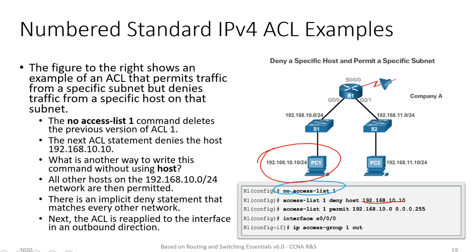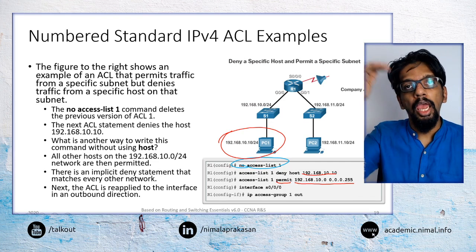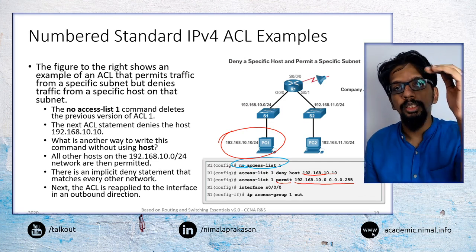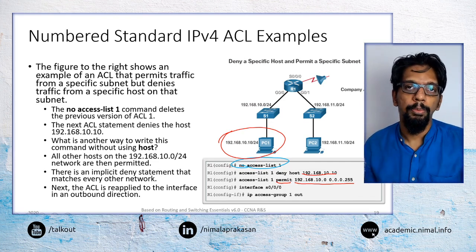Then after that we would have, say, anything else we would want to permit. So we specify the permit statements after that, because if we do it the other way, say a permit and then a deny, if it matches the permit, it will go with the permit decision.